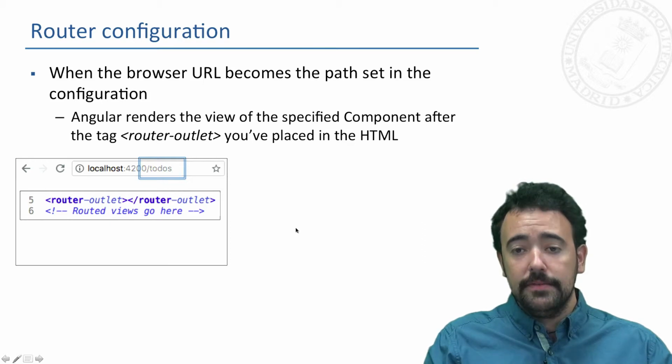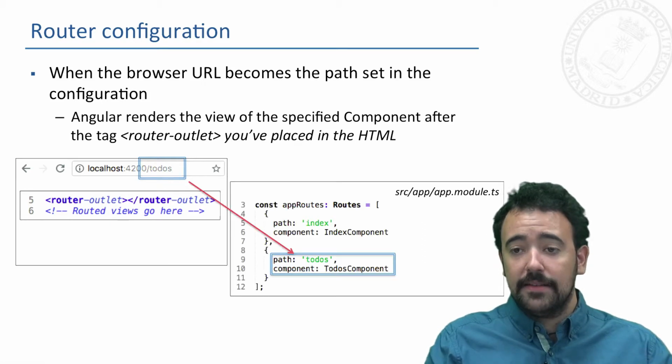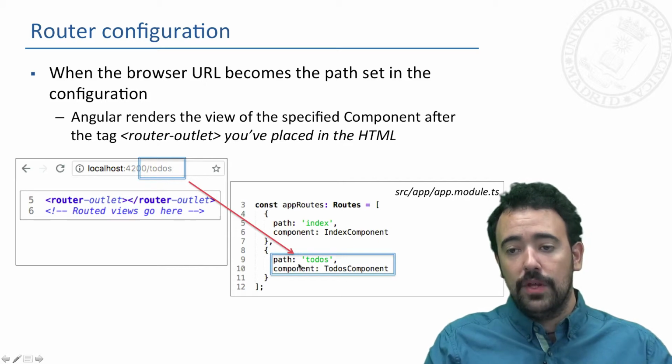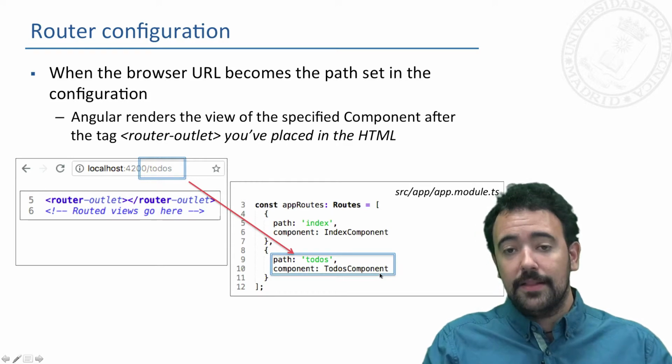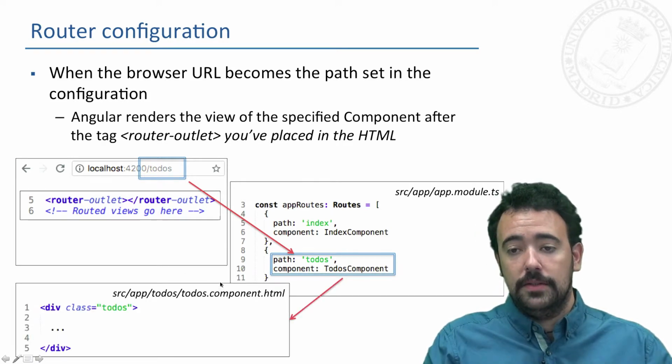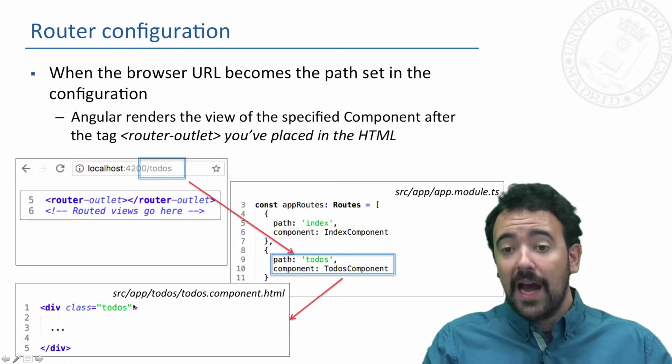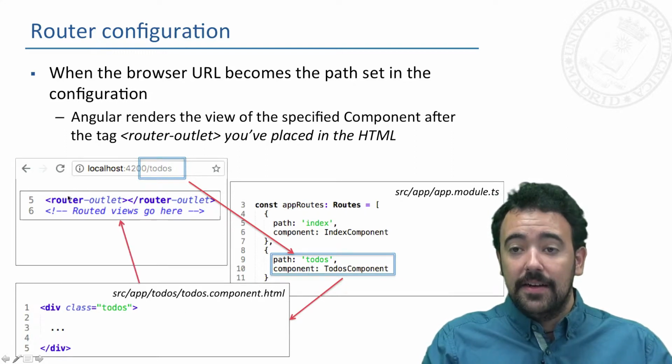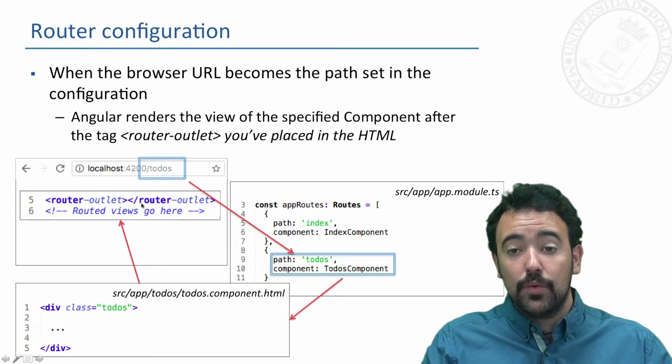What will happen here is that, as we have configured that this path matches the to-dos component, Angular will take the template of this component, in this case in the todos.component.html file, and will include the HTML included here after a tag we have to define in the HTML.